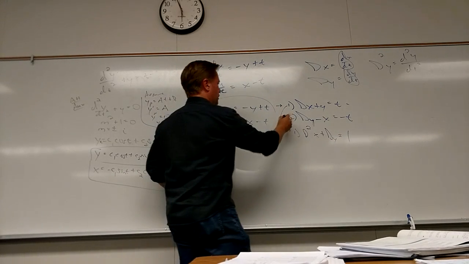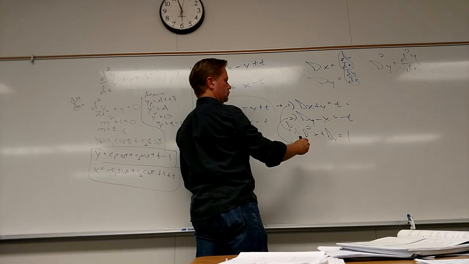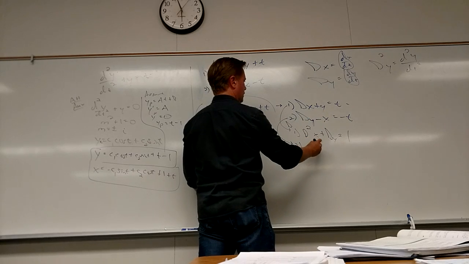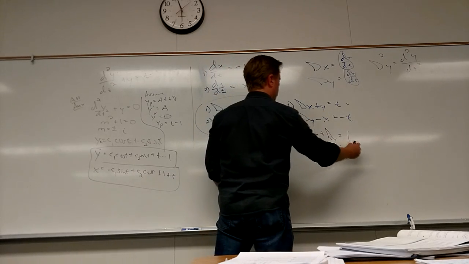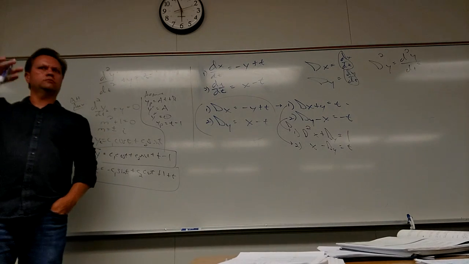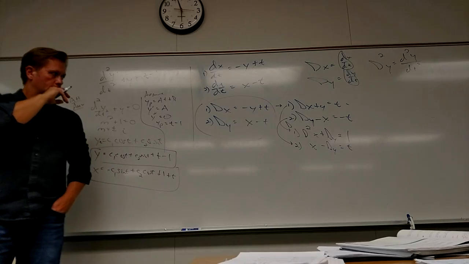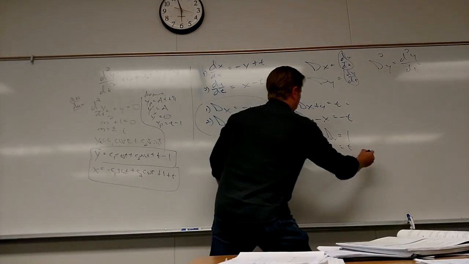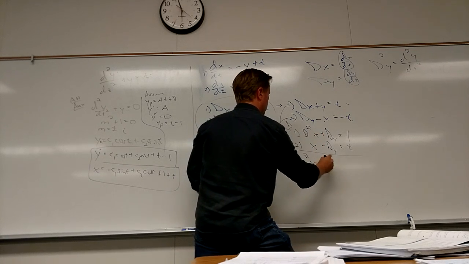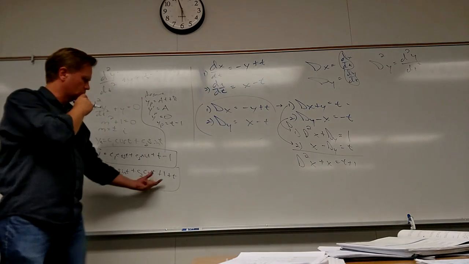Then what do I have to do with this one to make sure that they actually cancel? I've got to change the signs, right? So it'll be x minus dy equals t. Is everybody cool with that? So I did have to multiply by negative 1, so multiplying by constants could still be a part of this. And then I get another little differential equation, d squared x plus x equals t plus 1. You can already see that happening, right?